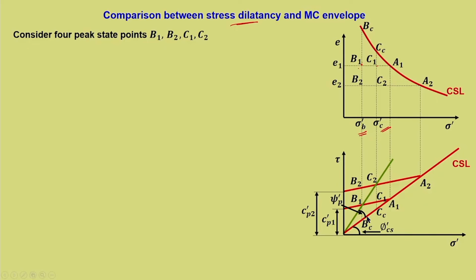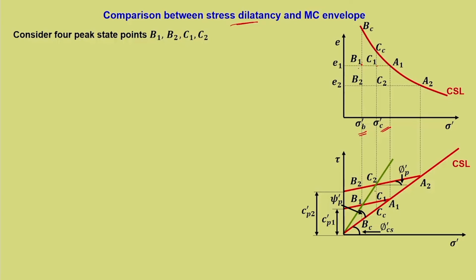Now there is a given line drawn here to show psi dash P. What is psi dash P? You can refer back to module 2: it is the dilation angle over and above the critical state angle, and the summation of these two gives the peak friction angle.